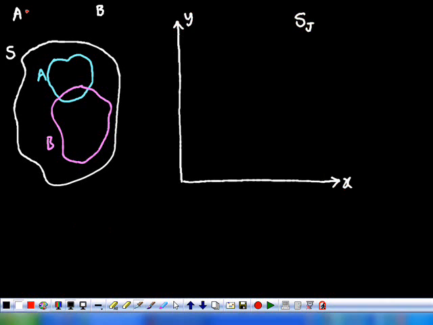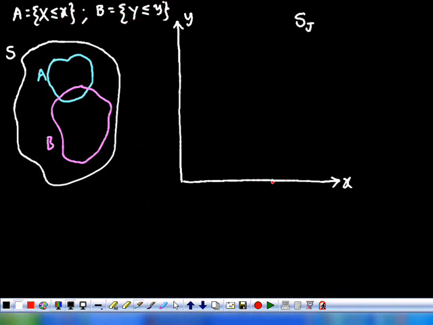Here I am assuming A is defined as the event in which the random variable x takes values less than or equal to x, and B is another event in which y takes values less than or equal to y. So I define two events, A and B. A is x less than or equal to x.